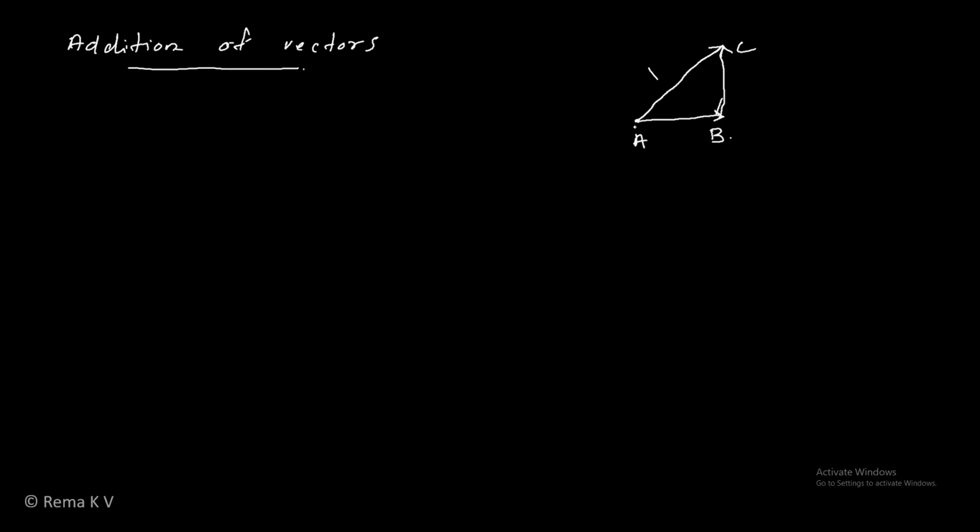See now, vector AB means it is the displacement from A to B in this direction. And here from B to C, vector BC means from B to C. Then the total displacement or the net displacement is from A to C. This is known as triangle law of vector addition.